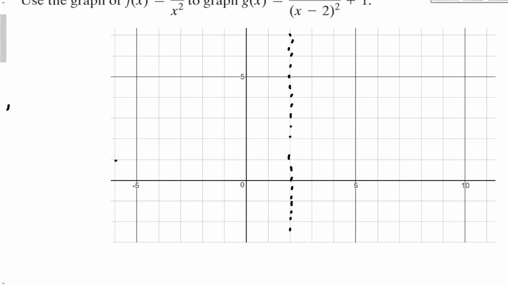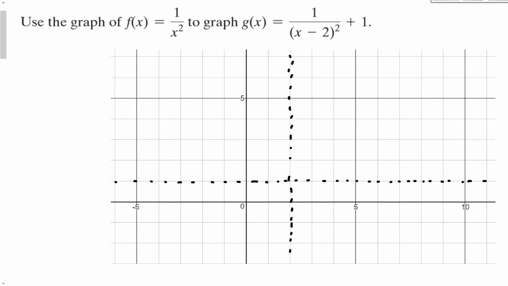And if I shift it 1 up, it's going to have a horizontal asymptote at 1. And you should get into the habit of drawing vertical and horizontal asymptotes with dotted lines. It will definitely help you.